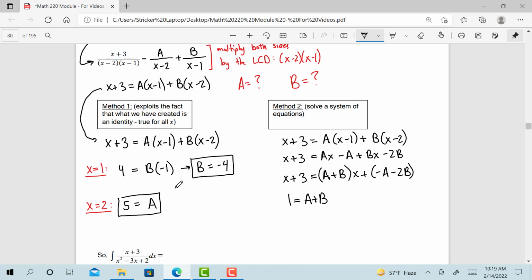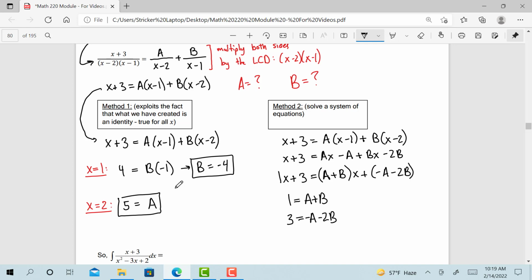Because, again, this is like 1x. So 1x has to be equal to (a plus b) times x. So 1 has to equal a plus b. And then the constants, it has to be true too. The 3 on the left side has to be equal to negative a minus 2b on the right side.